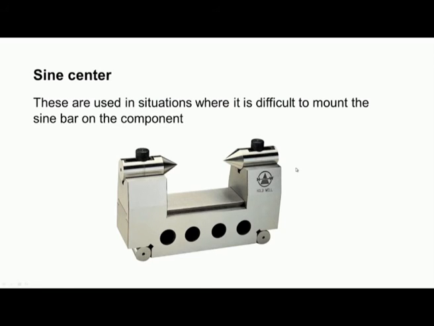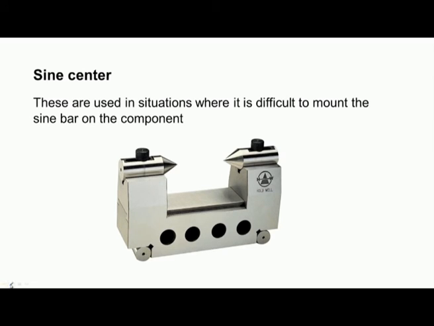Now, another variation of the sine bar is the sine center. Now, you can see here we have the body of the sine center, these are the relief holes, and then we have cylinders fixed to the body of the sine center, and then here we have two centers.